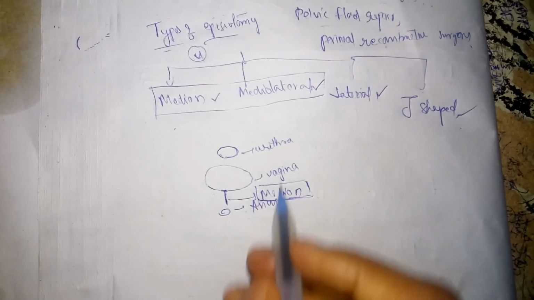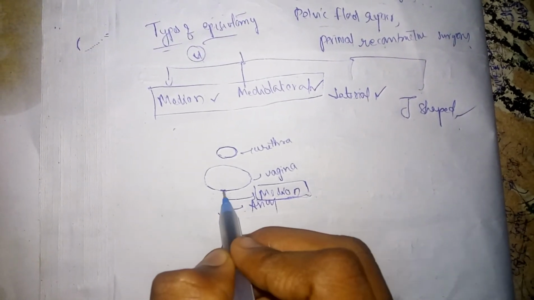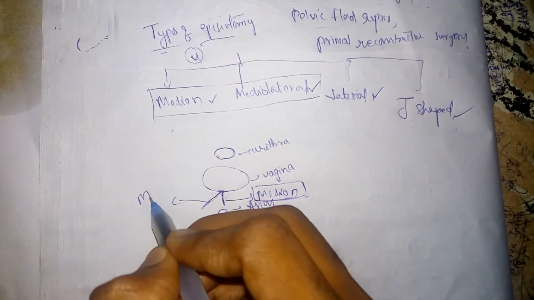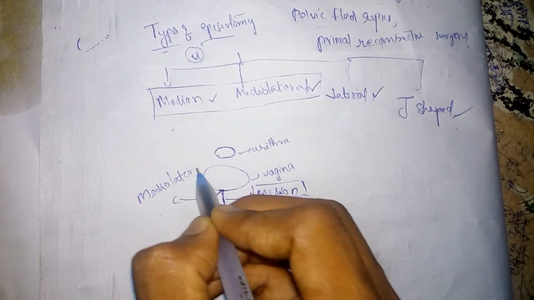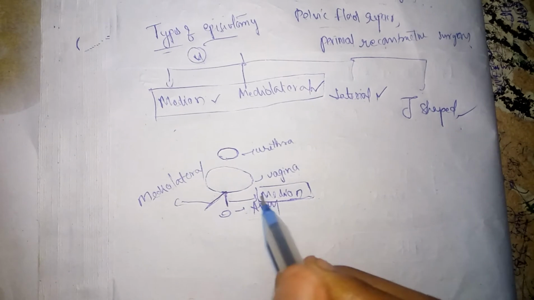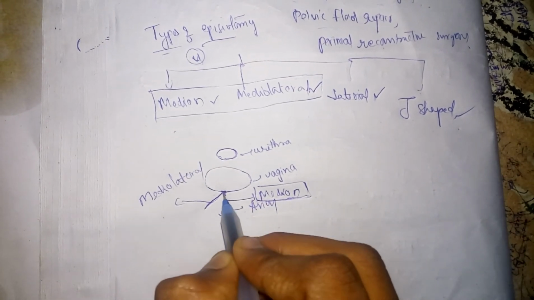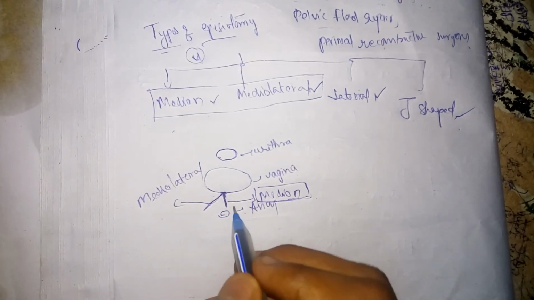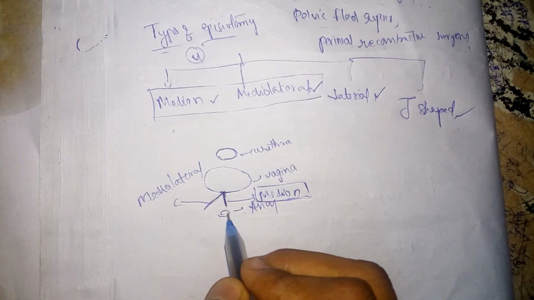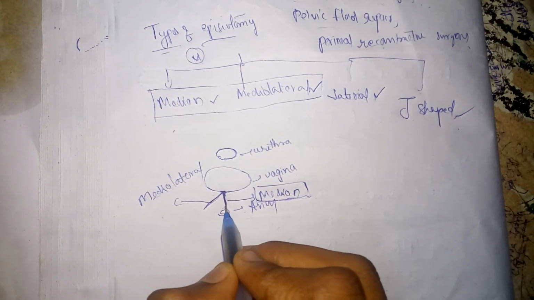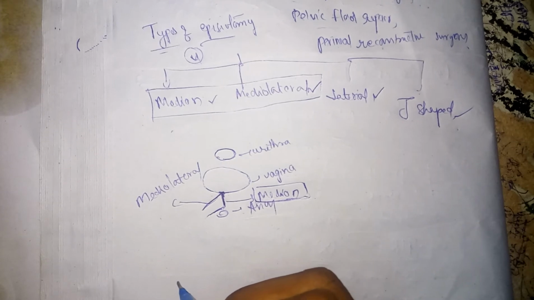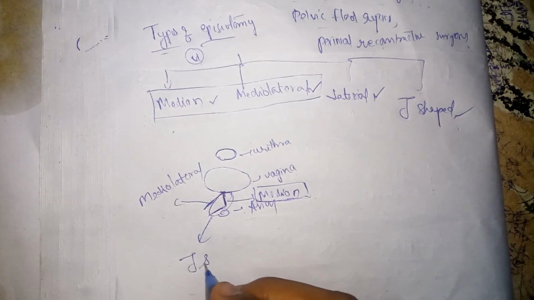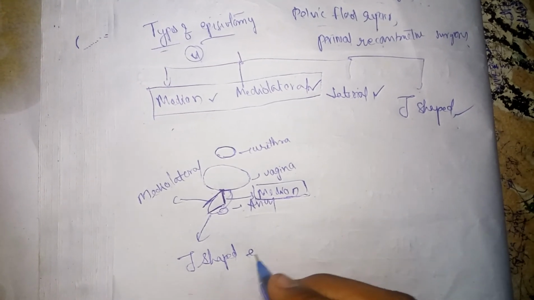If you give the incision in a lateral direction but downwards and laterally, this is mediolateral episiotomy. In J-shaped episiotomy, we go downwards like in median episiotomy, and when we come near the anus, we change the direction towards lateral and downward. This is what we see in J-shaped episiotomy.